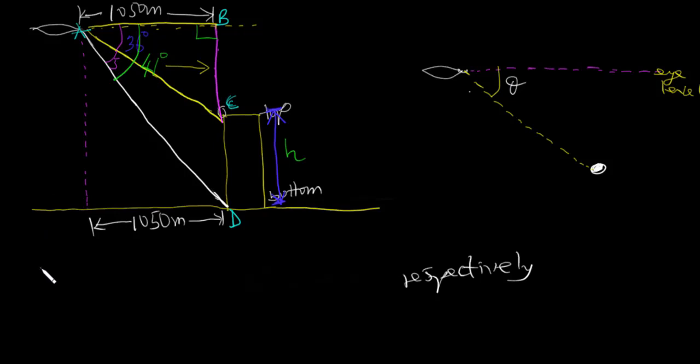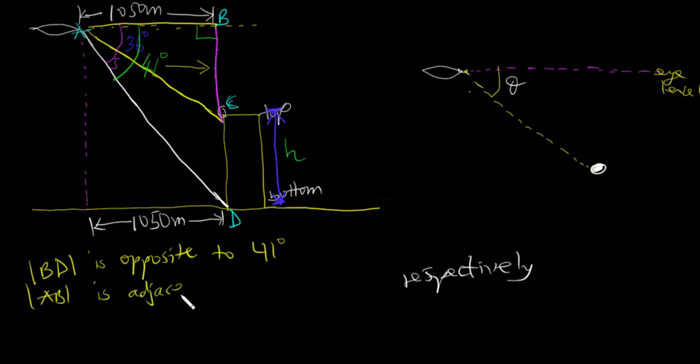So the length BD is opposite to the 41 degrees. And of course, the length AB is adjacent to the 41 degrees.